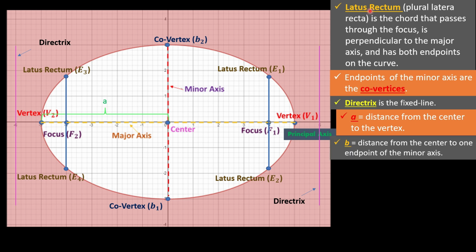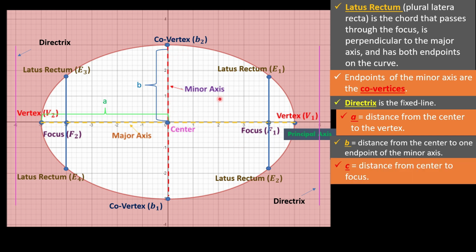So, next naman, we use B to indicate the distance from the center to the covertex. Next, to indicate naman yung distance from the center to the focus, we use C. And to measure the length of the major axis, etong broken line na kulay yellow, we use 2 multiplied by A.